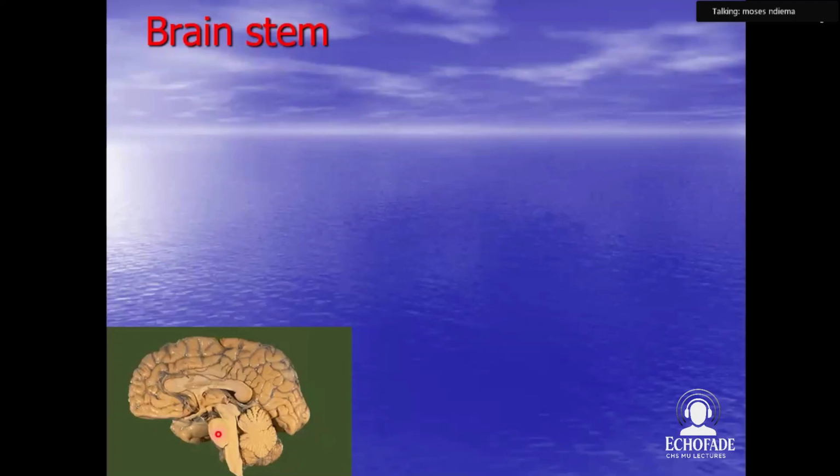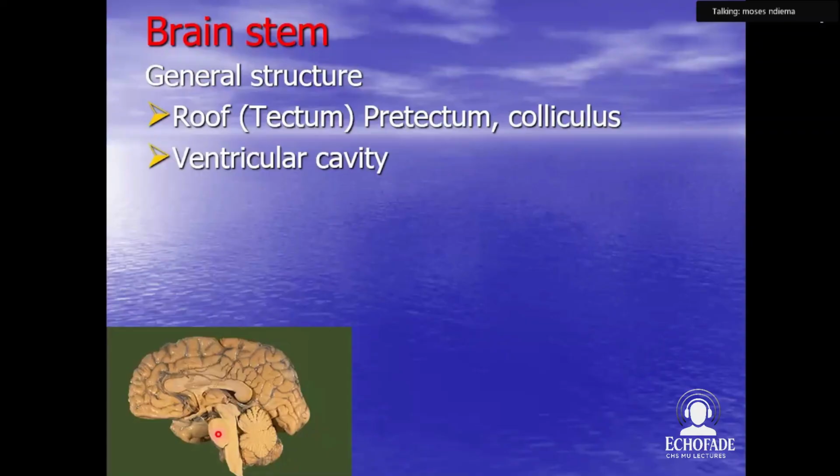In this two-way highway, we usually have what you call the roof, and the roof is the part above the ventricle. That we refer to as the tectum. The part above the ventricle is the tectum. And we have the colliculus in the midbrain, forming part of the roof.